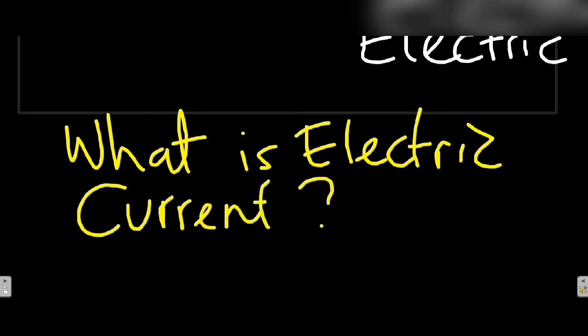Okay, so obviously this is a question that must pop up as of now, defining what electric current really is. Quite a good question that one would ask. We all know that somehow this very current is what leads us to having power in our homes, in the industries, in our workplaces.